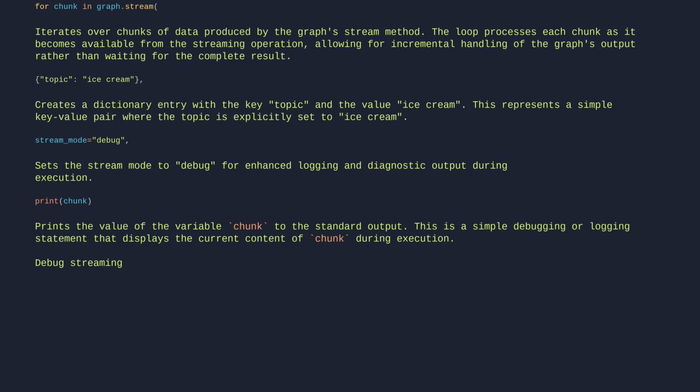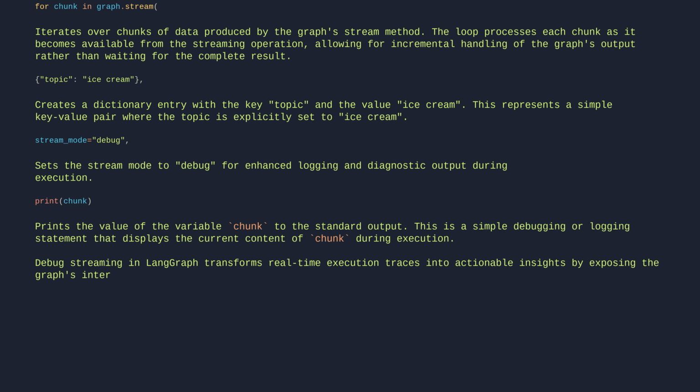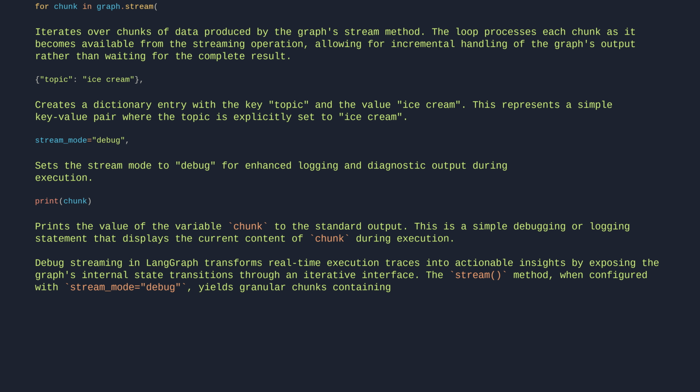Debug streaming in LangGraph transforms real-time execution traces into actionable insights by exposing the graph's internal state transitions through an iterative interface. The stream method, when configured with stream mode equals debug, yields granular chunks containing node executions, state deltas, and timing data, effectively turning the graph into a transparent pipeline.